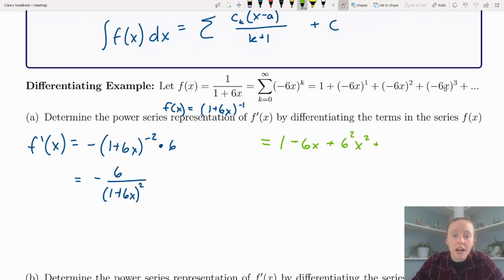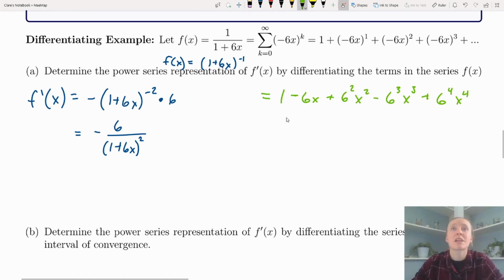And then we'll have a negative again, because a negative cubed is still a negative, so I'll subtract 6 cubed x cubed. And then if we continued on, we'd be adding 6 to the 4th, x to the 4th, and so on. So what I want to do with this is differentiate each of these terms.